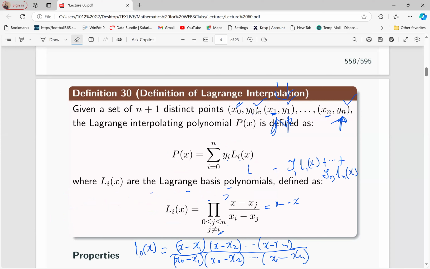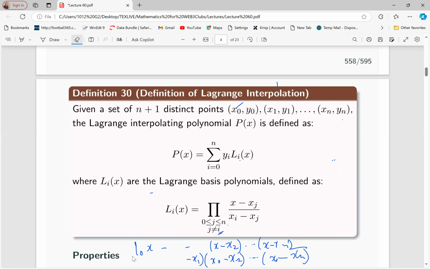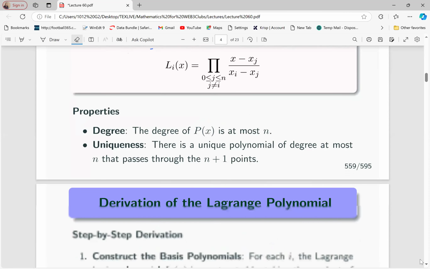And of course, we've said that if you have 4 points, for instance, the polynomial that you'll come up with will be of at most degree 3. If you had been given 3 points, the degree is at most 2. And if you have 5 points, the degree is at most 4, and so on. And that is what I've explained here under the properties.